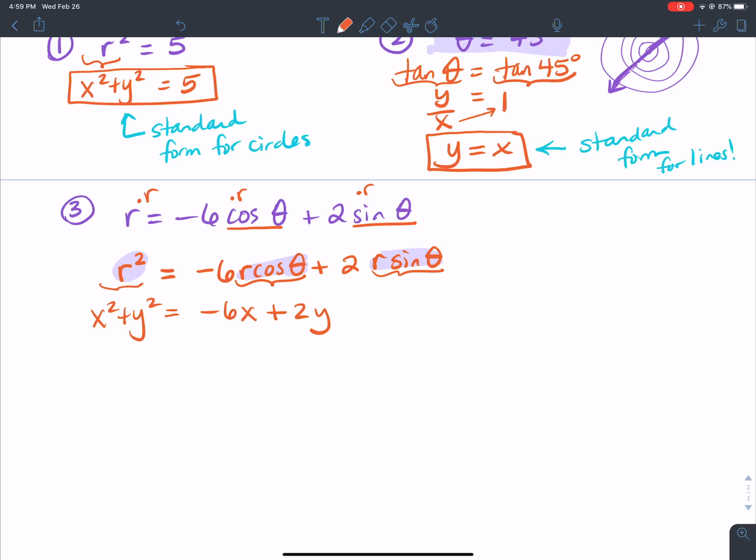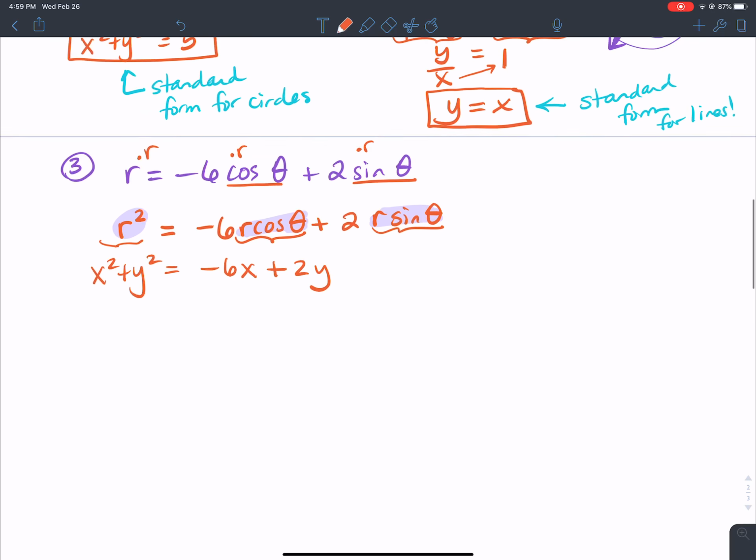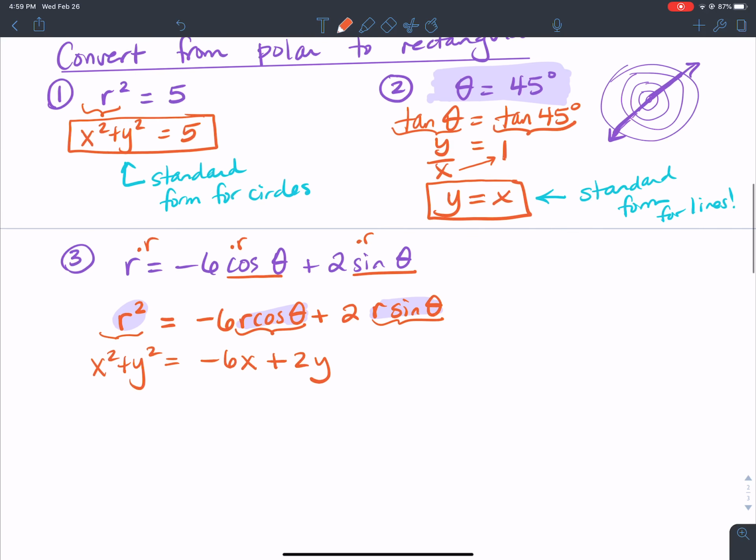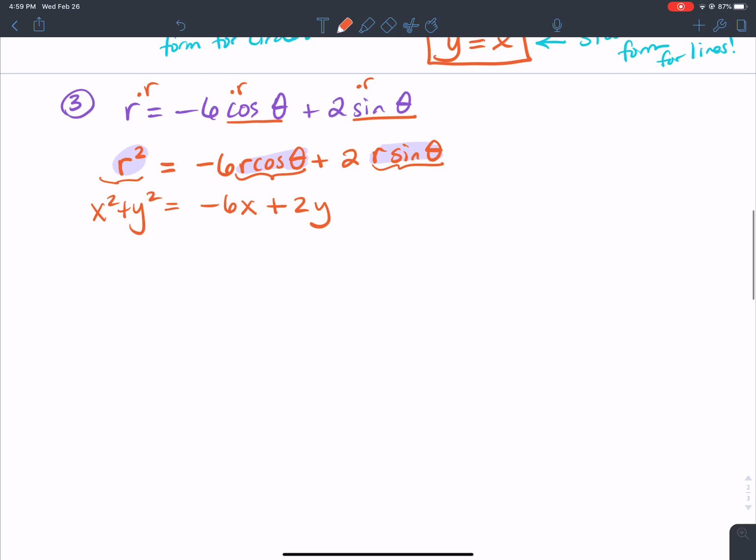But this equation is not the standard form for anything. You should recognize x squared plus y squared. That is usually part of a circle. We just saw that in number 1. So what you're going to have to do is make it look more like the equation of a circle. The way you do that is you move everything over to the left-hand side.